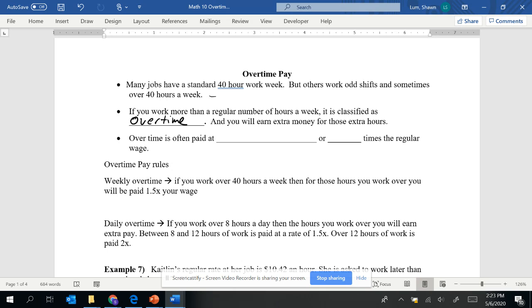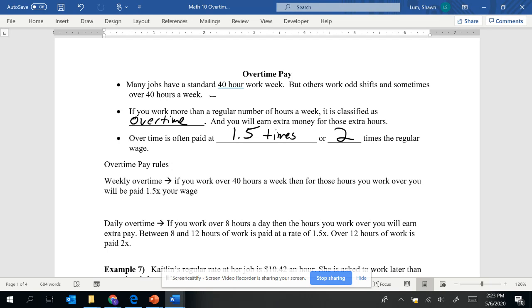Often, overtime is paid at either time and a half, or what we call 1.5 times, or 2 times the regular wage.